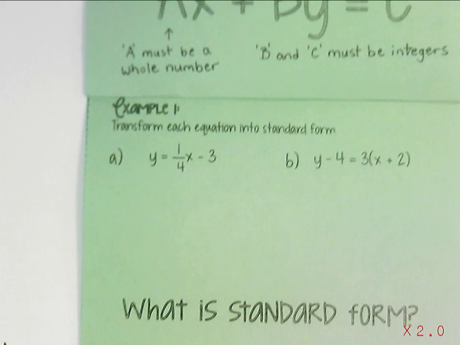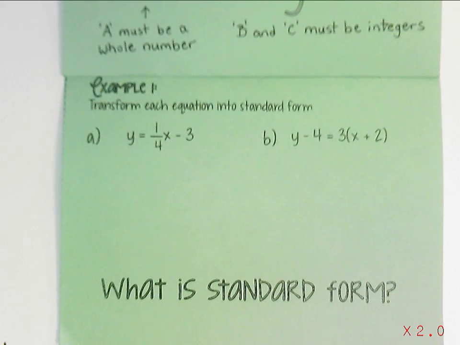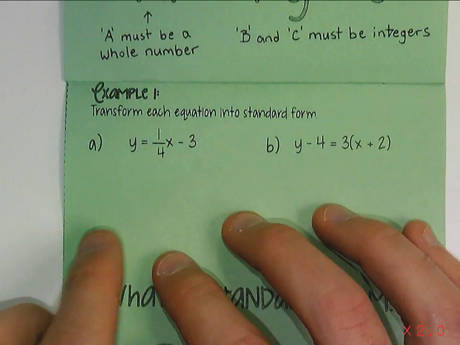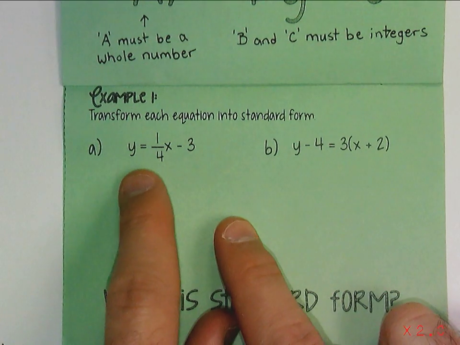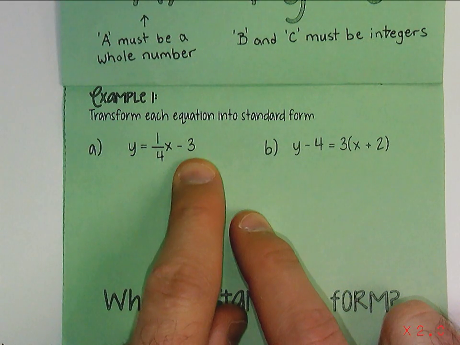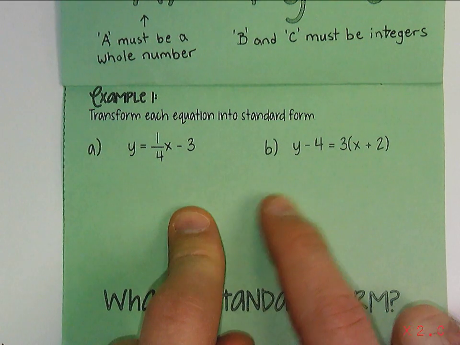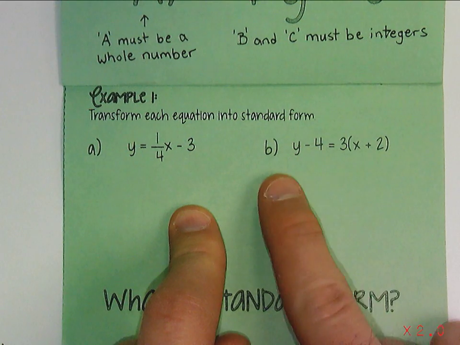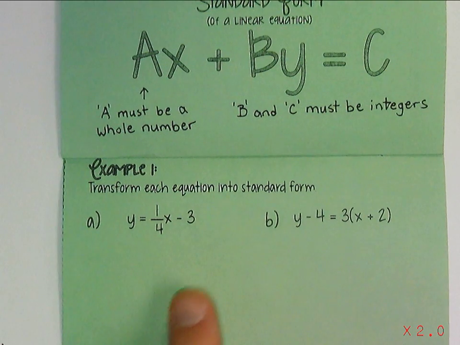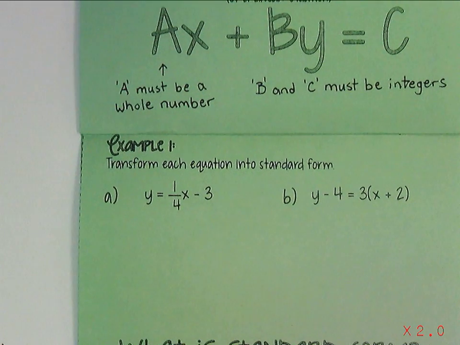So let's take a look down here at example 1, and let's do some transformations. A couple different things we're going to be asked to do: we're going to change from slope-intercept form, y equals mx plus b, so you have your slope and your y-intercept, and we'll also be working with point-slope form, changing that to the ax plus by equals c form. So let's start with problem A here in example 1.